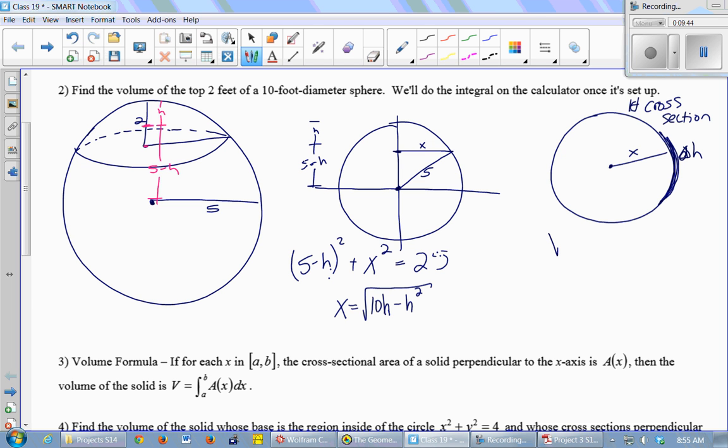And then the volume of this slice is pi times the radius, which is x in this picture, squared. And x is radical 10h minus h squared. And when I square it, the radical just goes away.